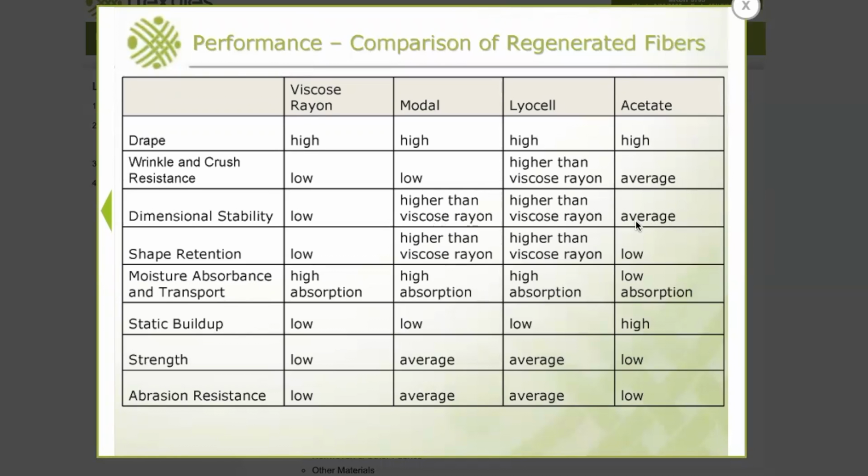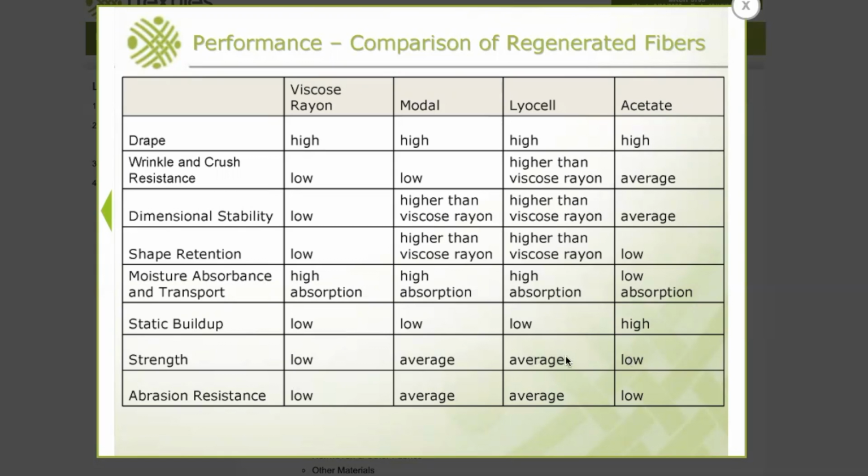Acetate is average. These rayon-based fibers have low static buildup because they are still made out of cellulose. They're hydrophilic. They still have their hydroxyl groups. But acetate has high static buildup because of the hydrophobic nature of them. The strength is low for viscose rayon and acetate.